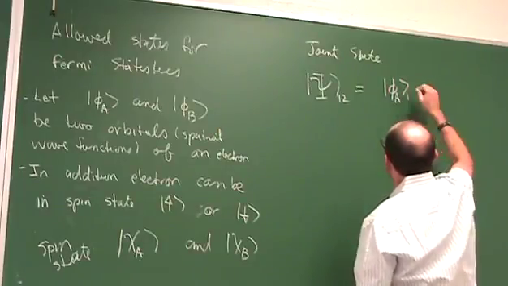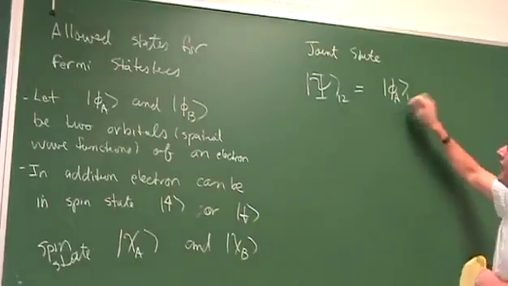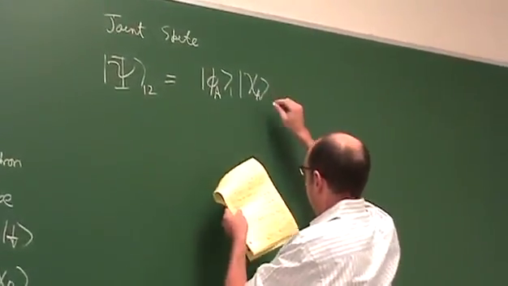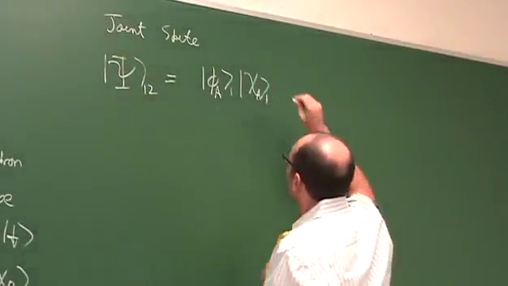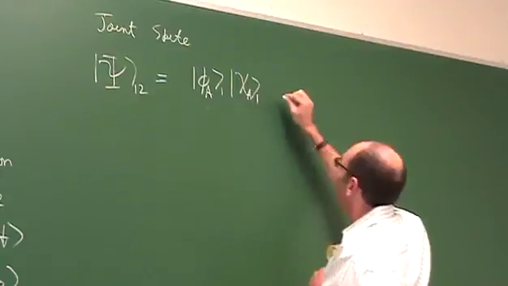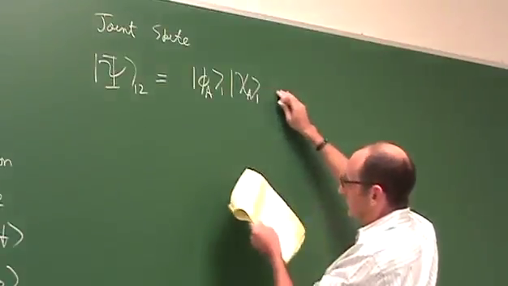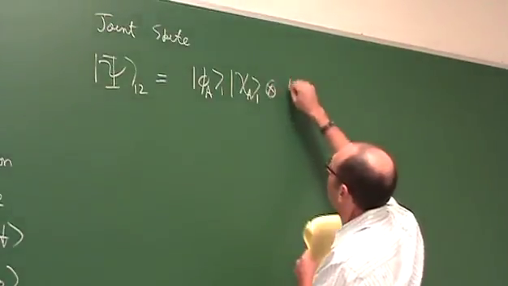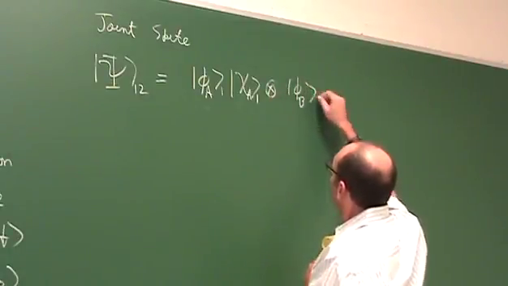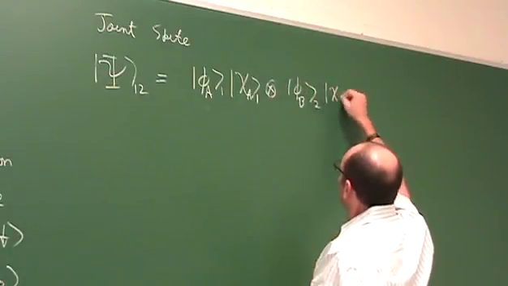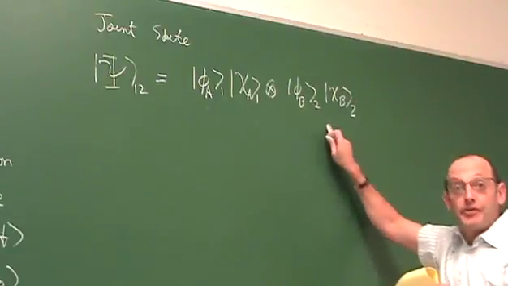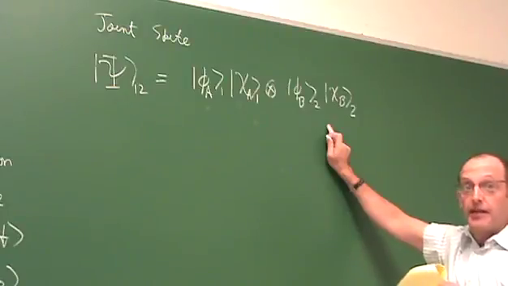I can have electron 1 in orbital phi A, and electron 1 in spin state chi A, tensored into the electron 2 in this state. But that does not respect the Fermi statistics.